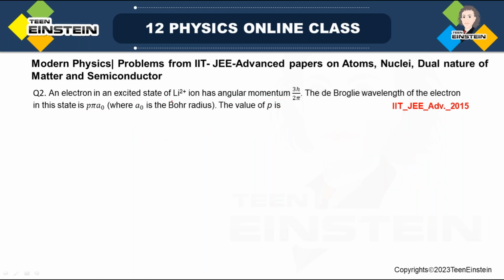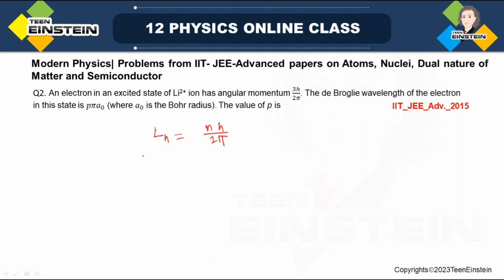So the question is, for a hydrogen-like atom, we know Bohr's postulate can be applied. Here it is given that lithium 2 plus in an excited state has angular momentum. We know angular momentum L can be written as nh by 2 pi in general.